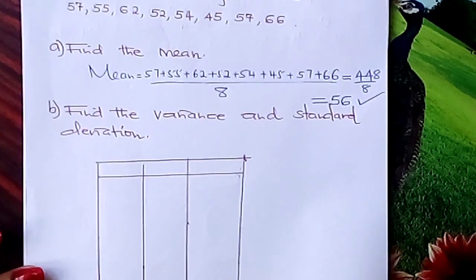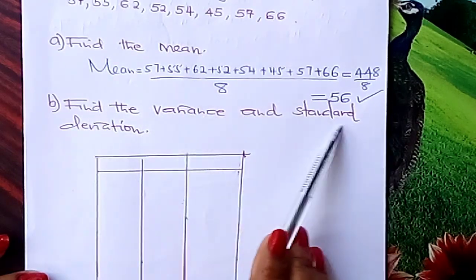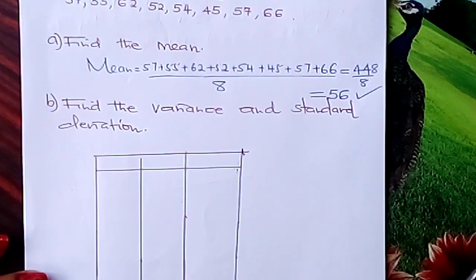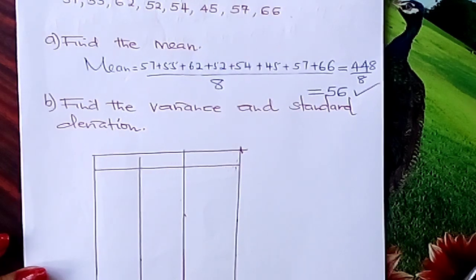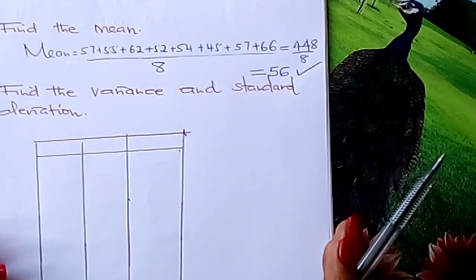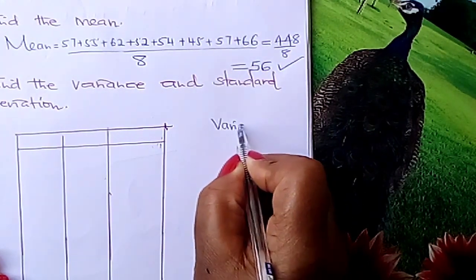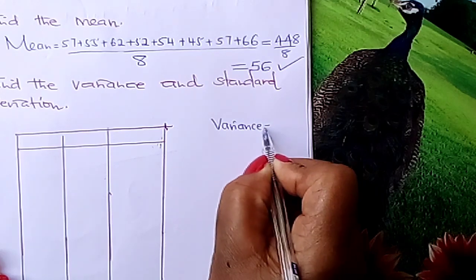From there, learner, you are told to find the variance and the standard deviation of that data. How do you find variance? Maybe I can write it here. Variance of ungrouped data.